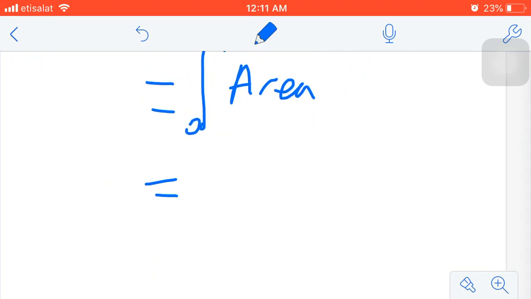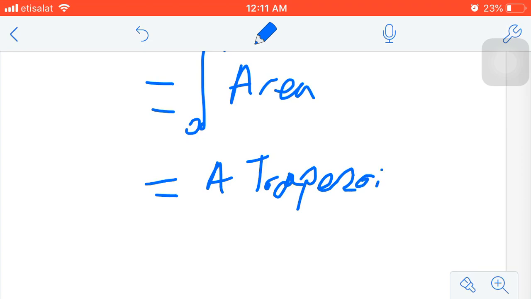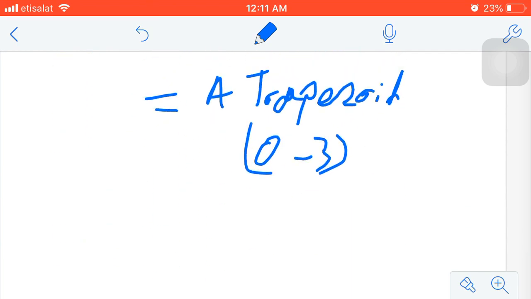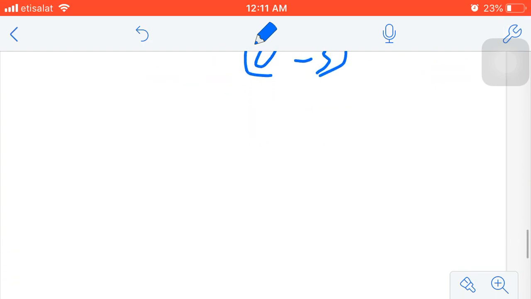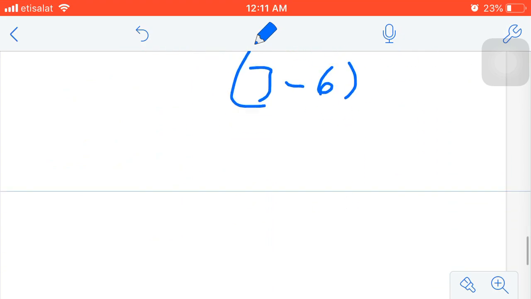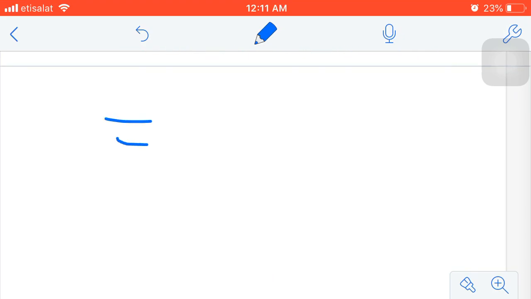So in this case it will be the area of the trapezoid from 0 to 3, which is this part, plus the area of the second trapezoid from 3 to 6. The area of a trapezoid is a plus b over 2 multiplied by the height.